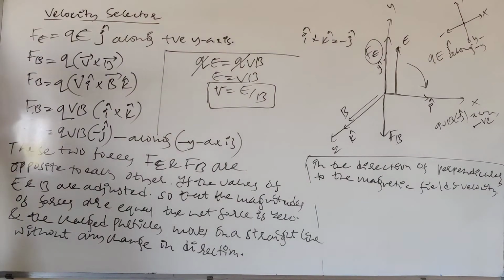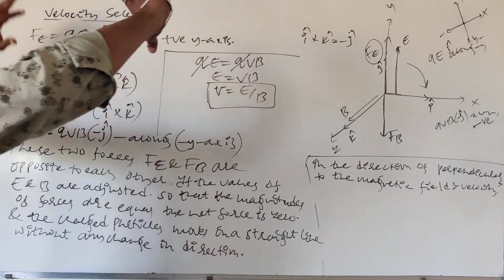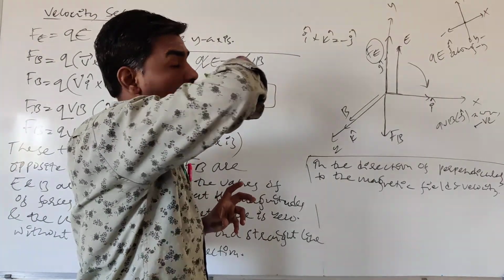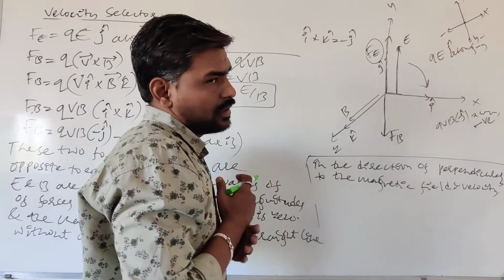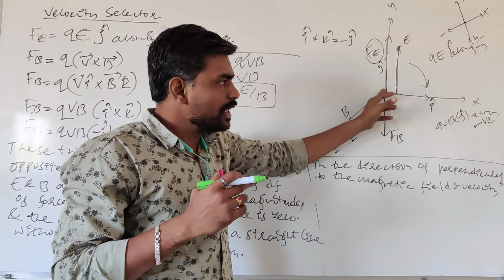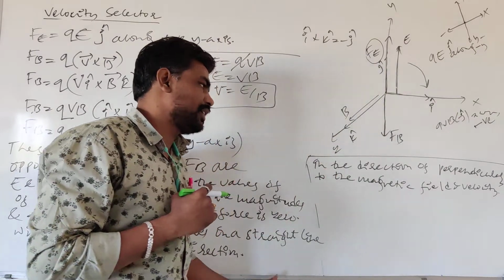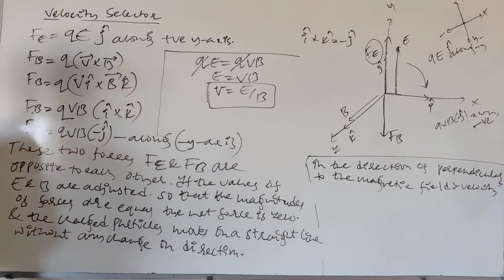Velocity selector. When we consider those two forces perpendicular to each other, which type of perpendicular? Mutually perpendicular. So that system is such that velocity becomes E divided by B. Right? So this condition is used to select charged particles of a particular velocity in a beam containing charged particles moving with different speeds.